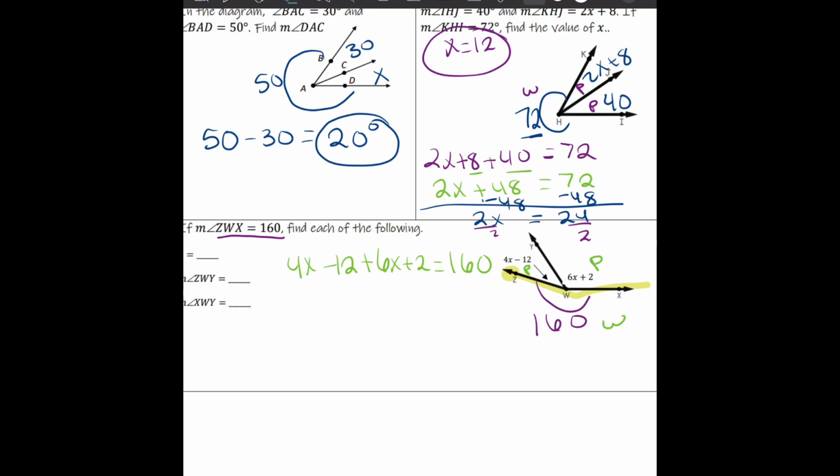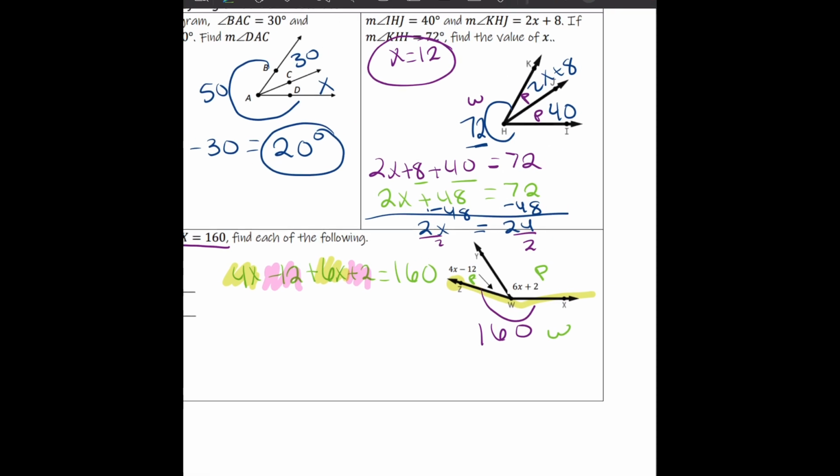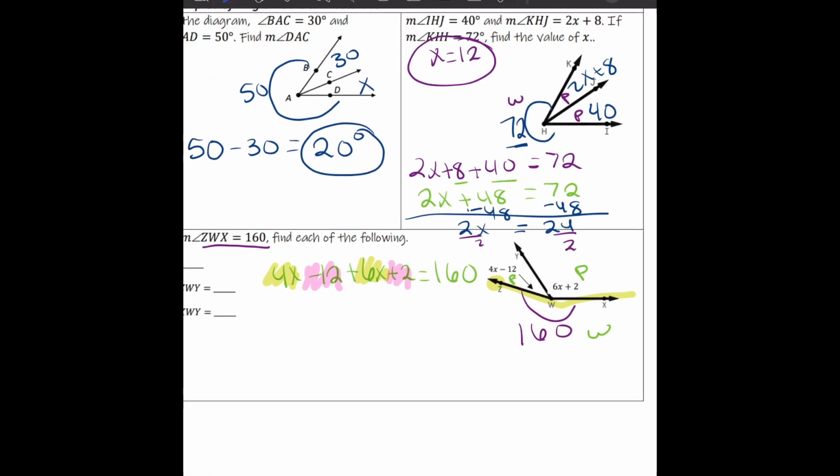Then we combine like terms: 4x plus 6x, and negative 12 plus 2. So 4 plus 6 is 10x.